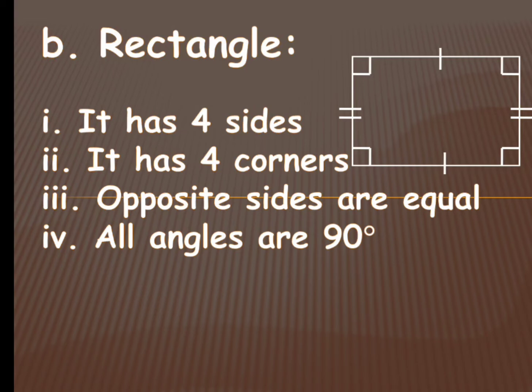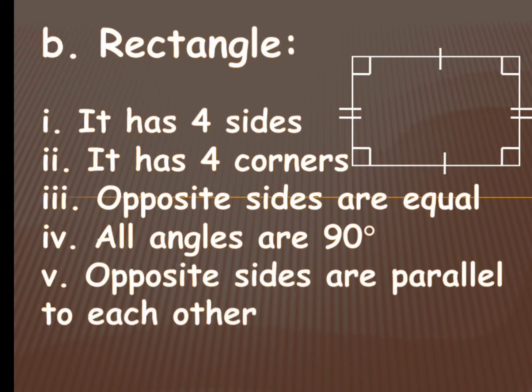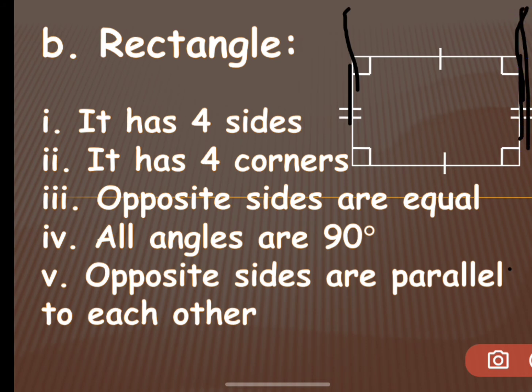Okay, and here also the opposite sides are parallel to each other. Okay, so if you extend these two, these two are parallel lines which are equal. So if you extend these two, they do not meet, which means they are parallel lines, and these two are opposite sides, and if you extend them, then also they never meet. So opposite sides are parallel.